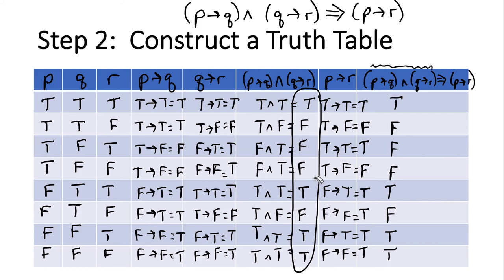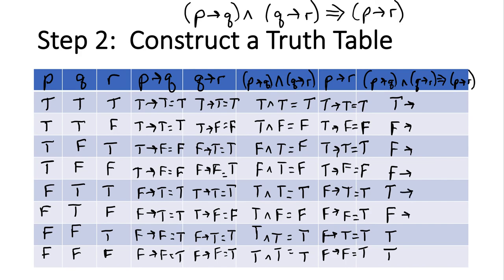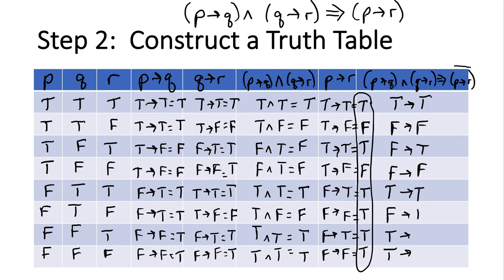Then we'll put our symbol in, which, remember, that double arrow in this last column goes to an if-then statement. And then we'll copy the answers that we got for P arrow R. So that will be these answers. So true, false, true, false, and then true on the last four.